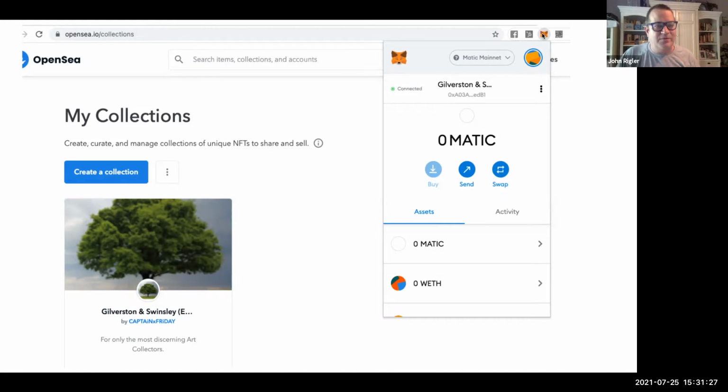With Ethereum, the fees are so high, and the creator of Ethereum has come out and said, and I agree with this, that it has to do with decentralized finance.